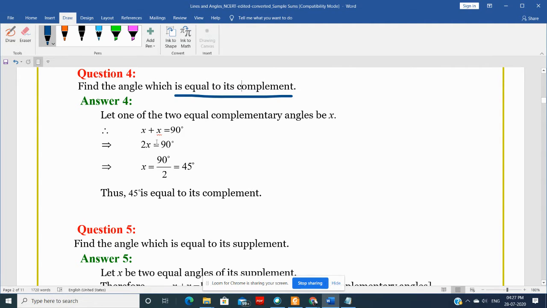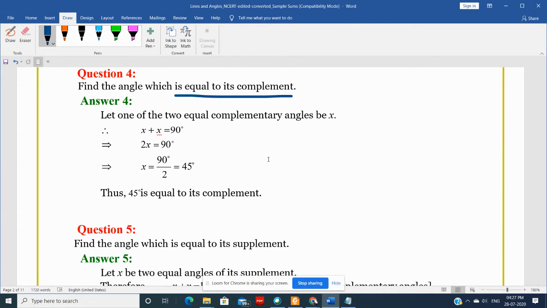Let's say one of the angles is x. Because they are equal, the other angle would also become x. Right now we don't know which angle is what, so we have to assume that one of the angles is x. So naturally the other one would also be x.